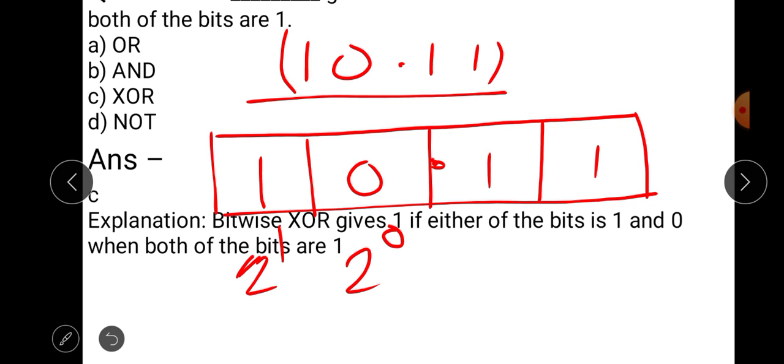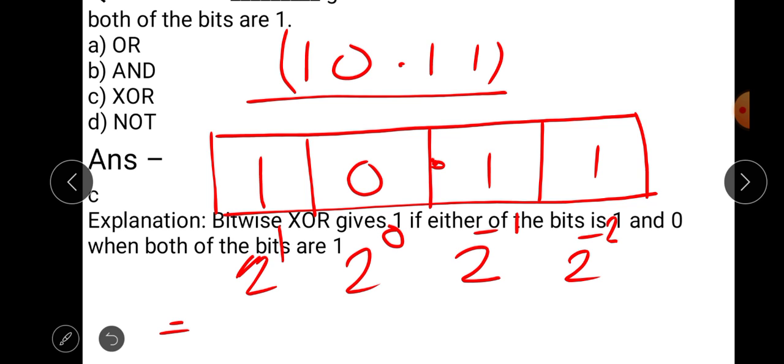So the first number is multiplied by 2 power 0, the second number is multiplied by 2 power 1, and after the decimal point we multiply each number by 2 power, but the power is now a negative number. So the first number is multiplied by 2 power minus 1, the second by 2 power minus 2, and so on. And again multiply these numbers and then add the final result.